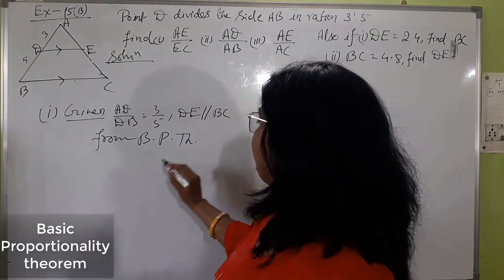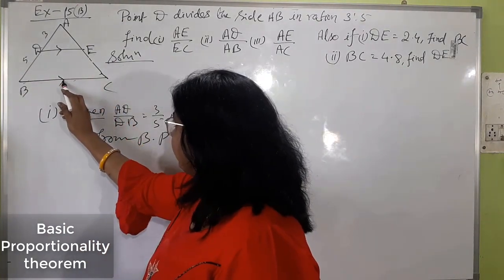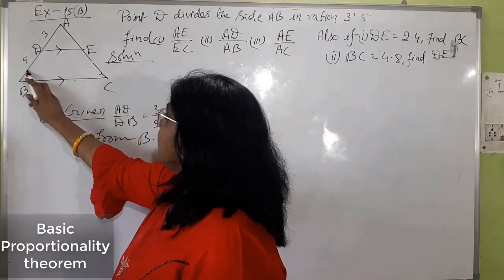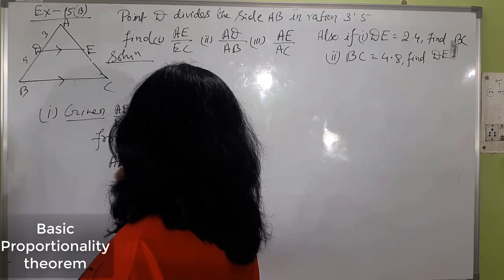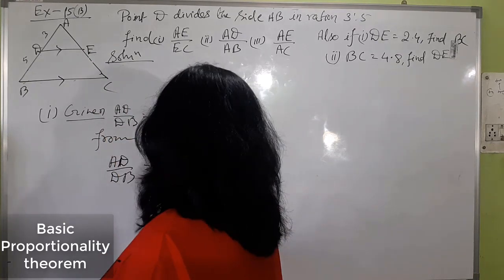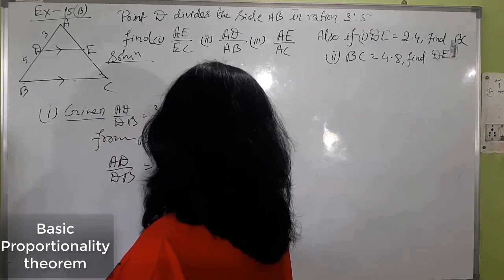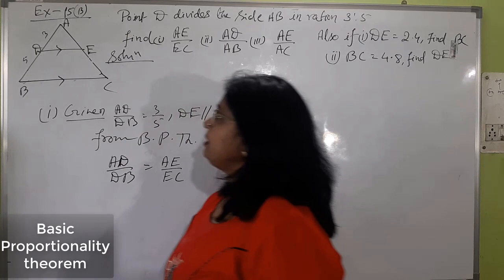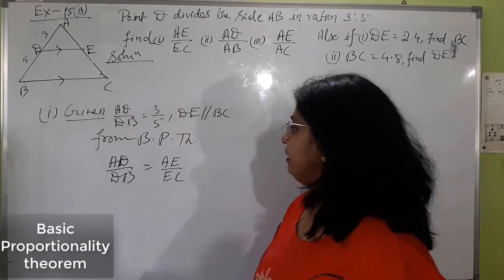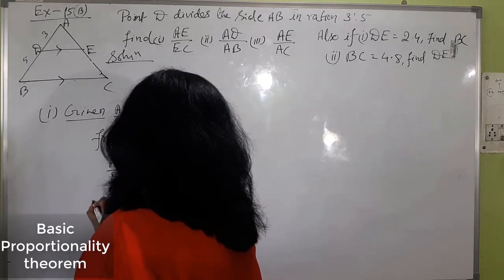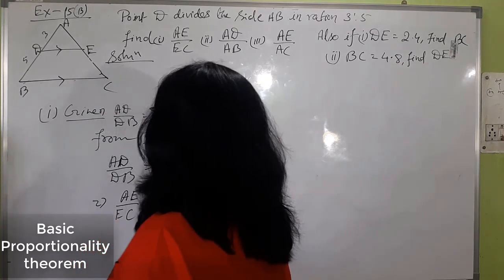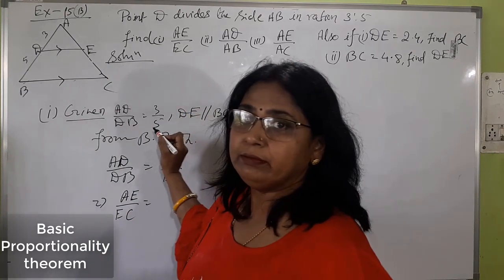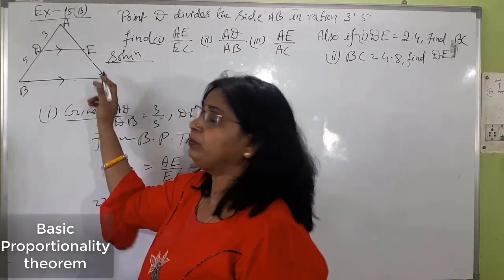That's why by the basic proportionality theorem, this line is parallel, and it divides the first line in 3:5, so AD by DB is equal to AE by EC, and AD by DB is given, implying AE by EC is also 3:5, because both are in equal proportion.